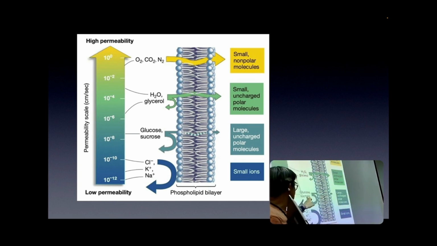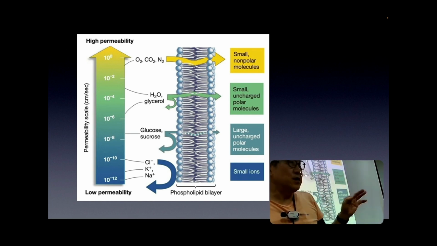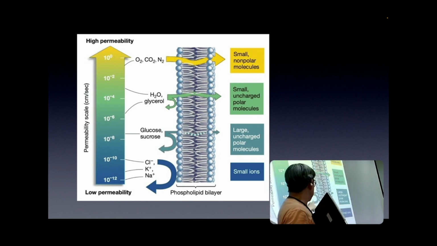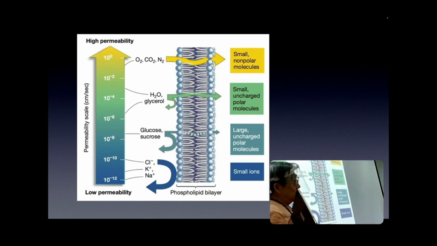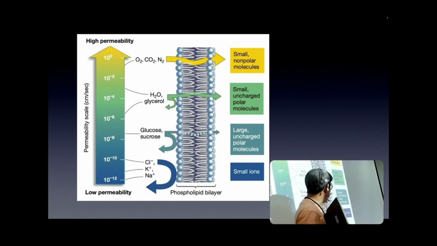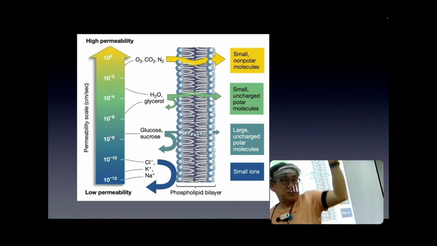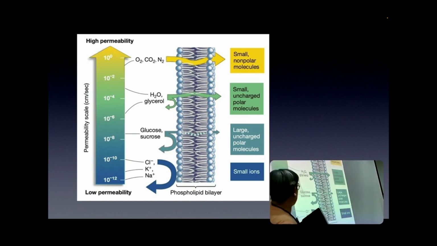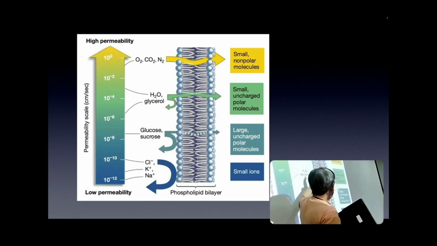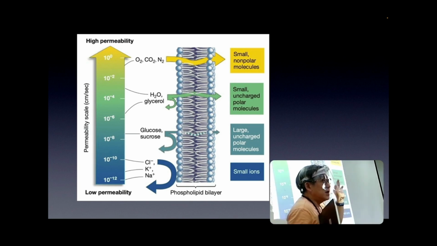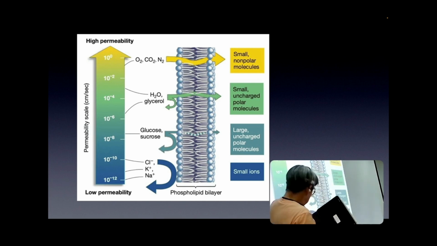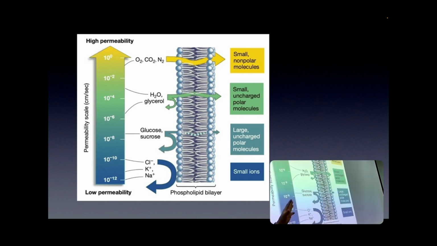But still, glucose and sucrose have a large enough problem of passing through. They will all be rejected without some special channel. So they cannot even dream of passing through the bare membrane. Strictly, if you are thinking of passing through freely without the help of any specialized tunnel or channel, then it must be only up to this. Below that, forget about it.